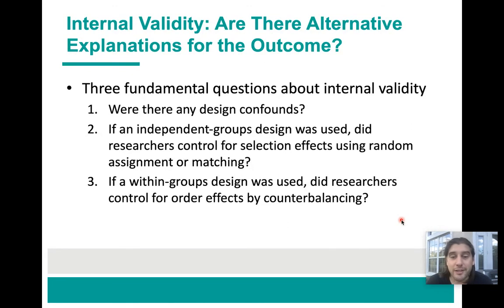Did I counterbalance my within groups design? Did I have enough control variables or a control group that helped me do that? So basically, am I sure that my independent variable is the only thing causing a change in the dependent variable? Right? Do I have internal validity to claim that A causes B?